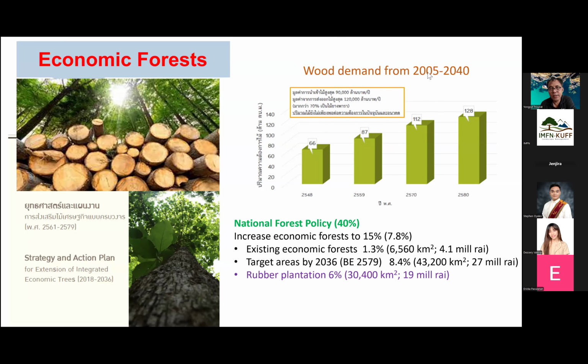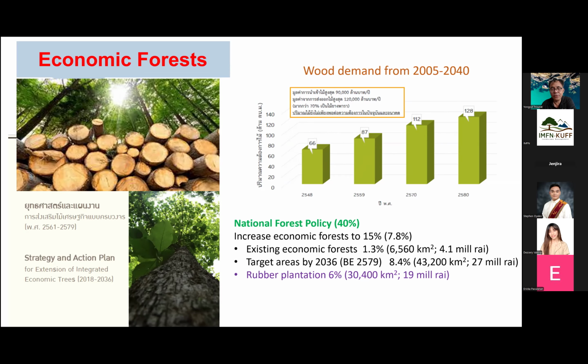But if you see the graph above, this is the wood demand in Thailand from 2005 to 2040. You can see that the wood demand would increase almost 100%, from 66 million cubic meters to 128 million cubic meters.